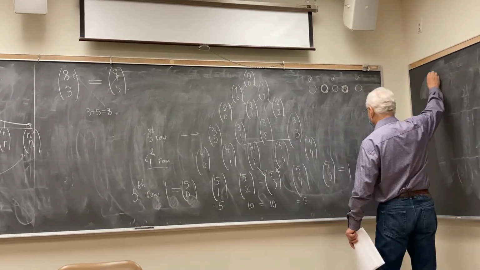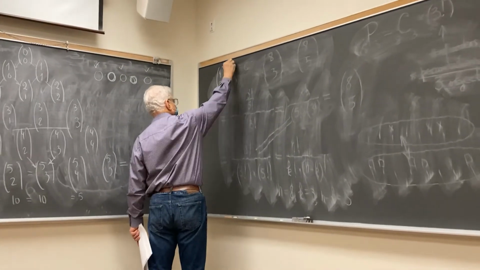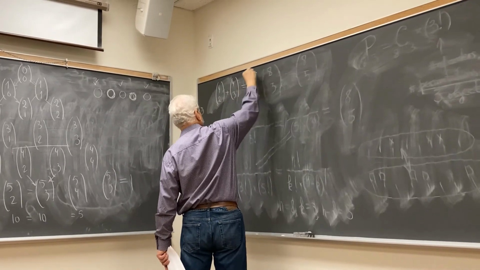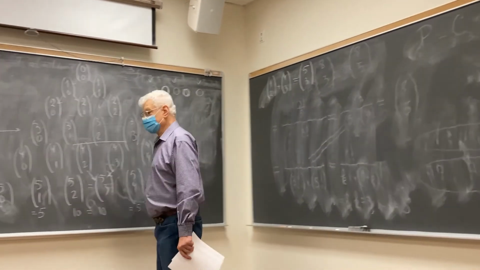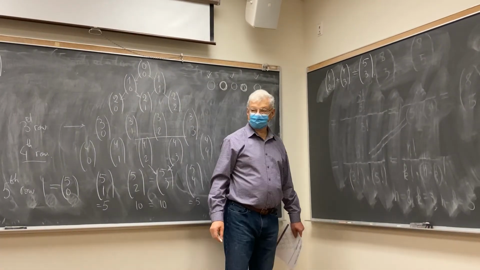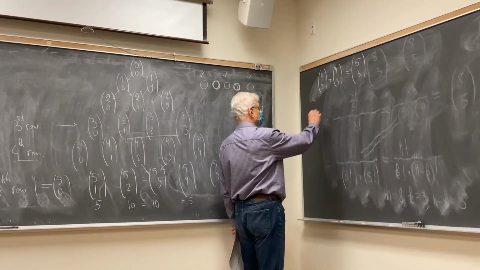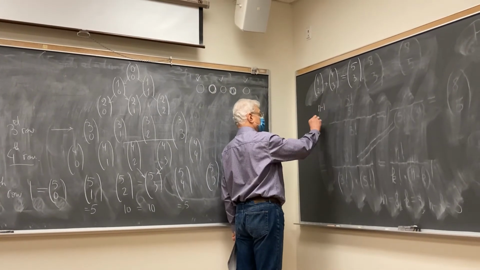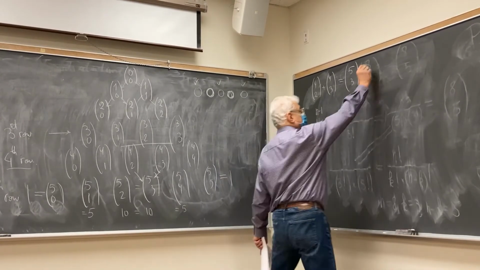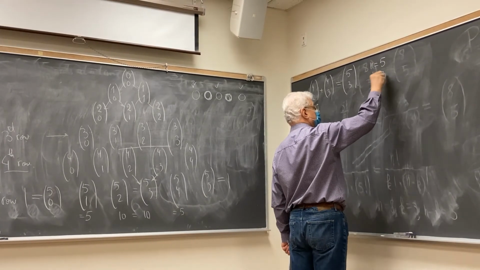So we have the following. Let me write it down here: 4 choose 2 plus 4 choose 3 equals 5 choose 3. It's a very interesting equality which comes immediately from this triangle. Let me write the general formula. Let n be 5 and k be 3.